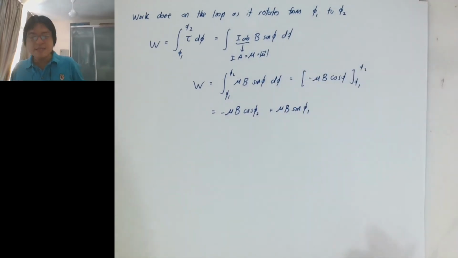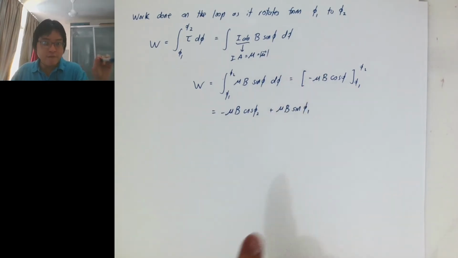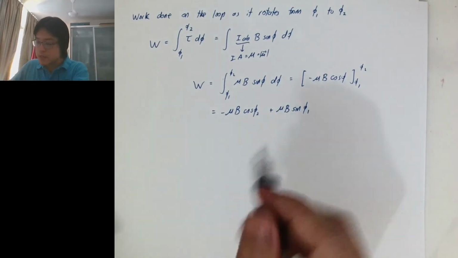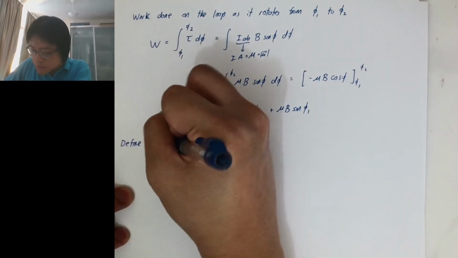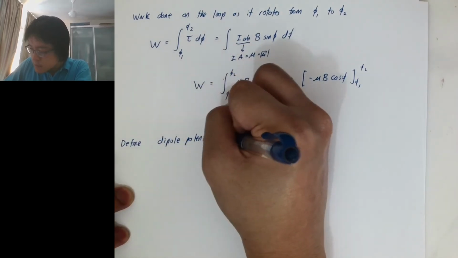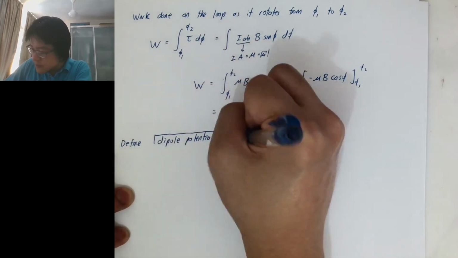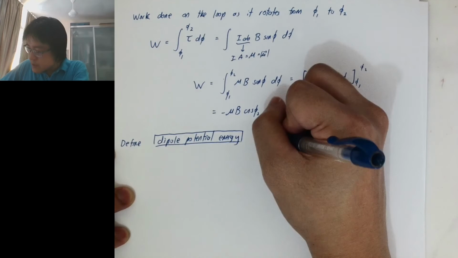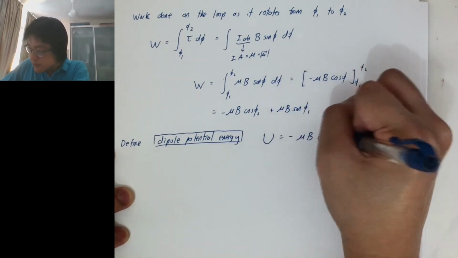So this is something similar to what we did last time, right? When we want to calculate the work done of a conservative force, then you look at the antiderivative. We define the antiderivative to be the negative potential energy, right? So we are going to do the same. We are going to define the dipole potential energy to be negative mu B cos phi, right?